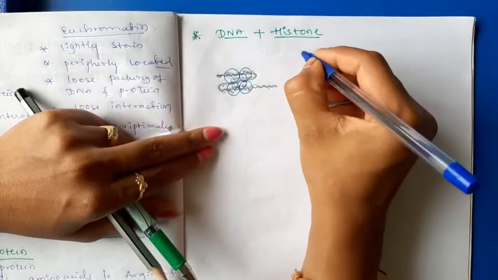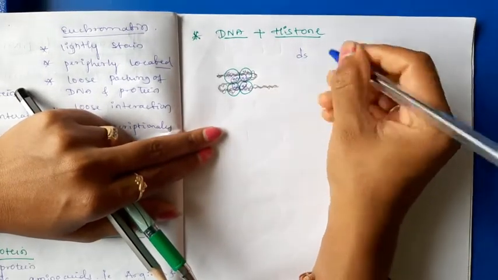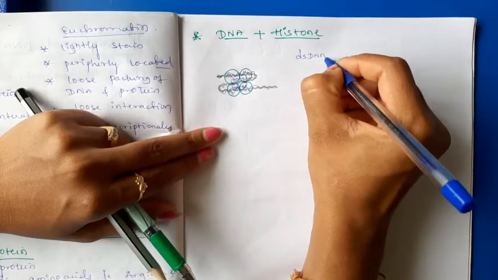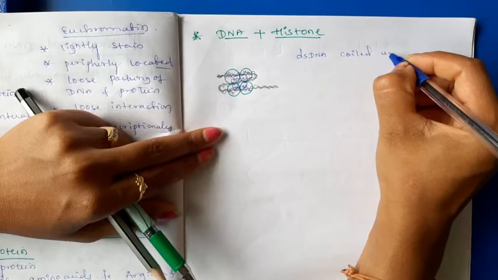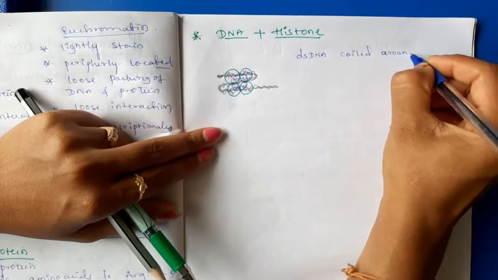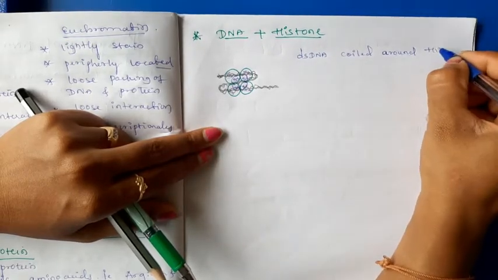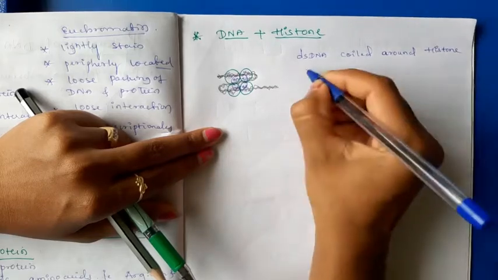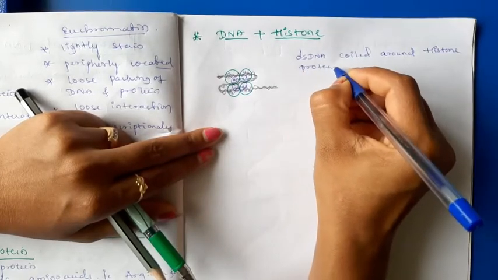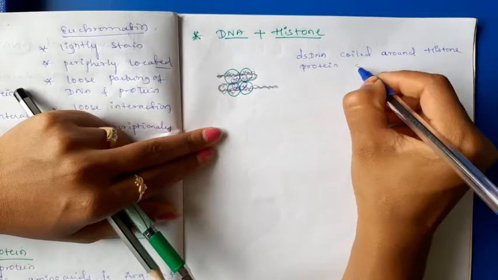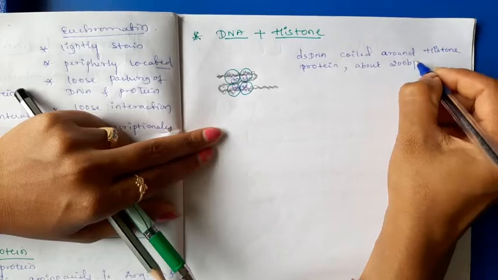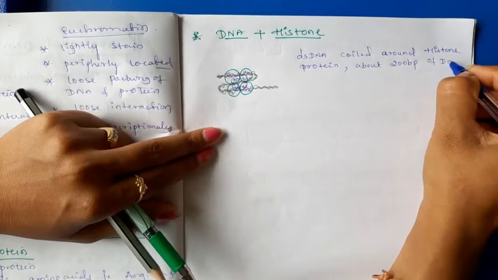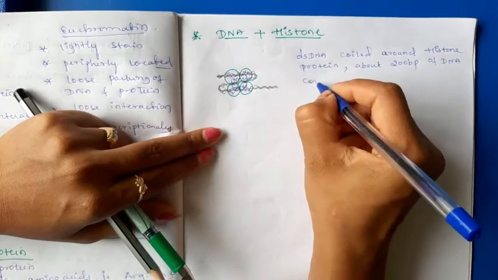Here this is a symbol of double stranded DNA, coiled around the histone protein. About 200 base pairs of DNA are coiled.